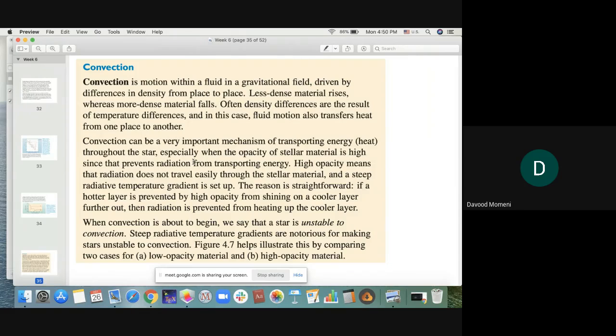If the material density is less, the convection will be increasing, and it will be vice versa for material with high density. It's like lifting, you know: if the fluid is lighter, the lifting of the fluid will be easier. So convection will be easier for a fluid with lower mass.